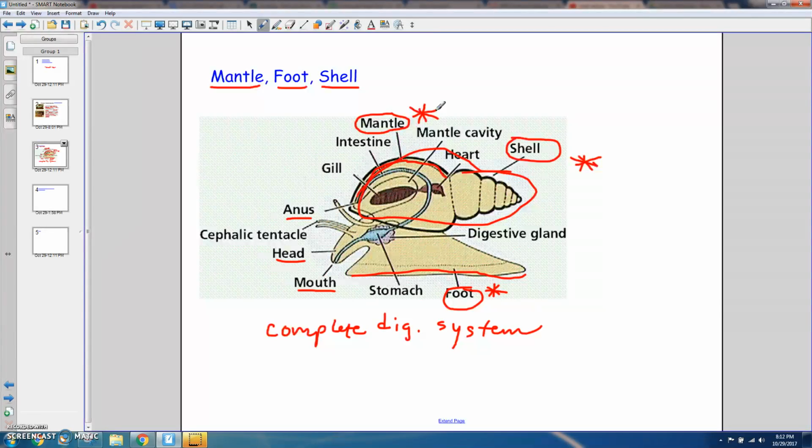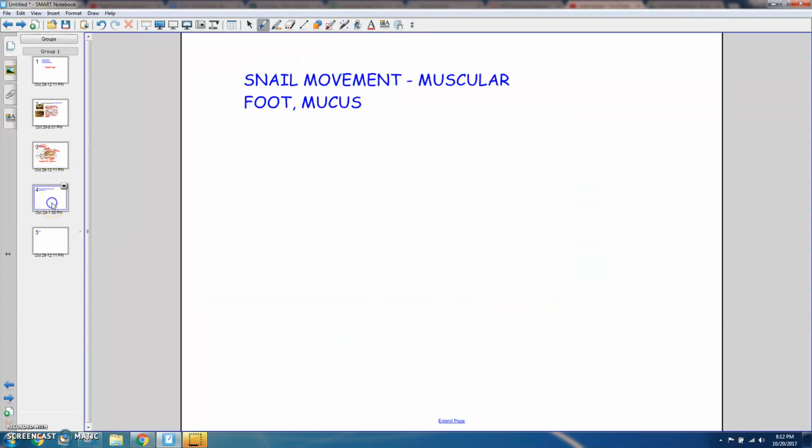What I want you to think about and apply is how all of these things are present, but maybe not so developed, or maybe more developed in one group over another. So that's a common thread that all mollusks have.